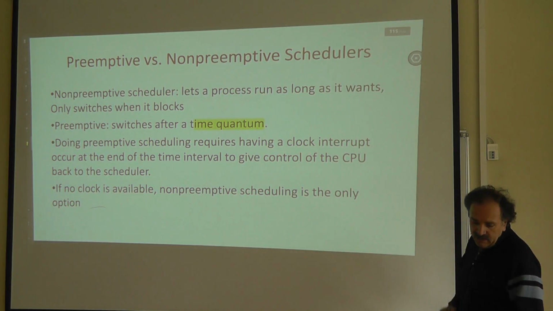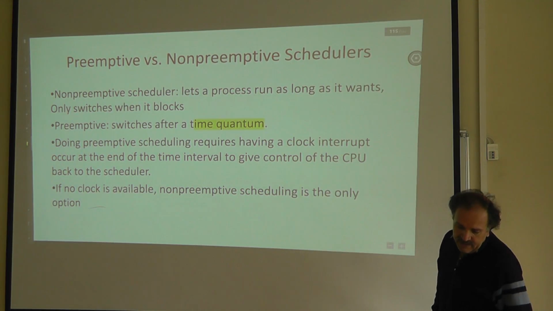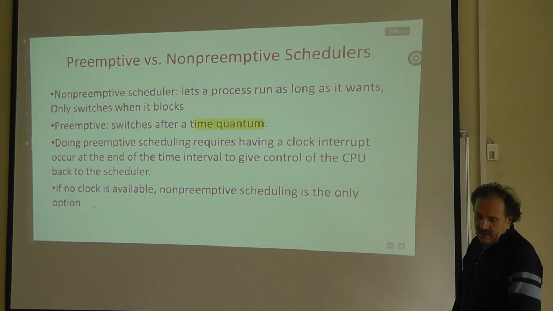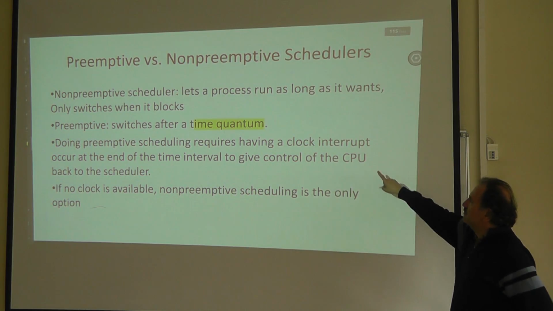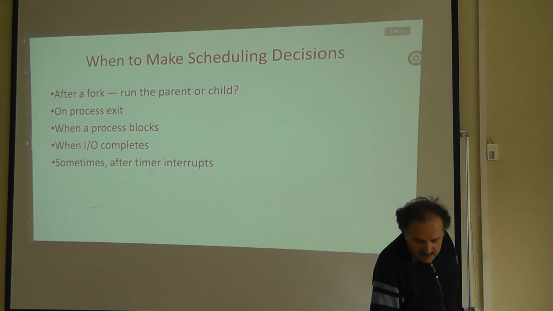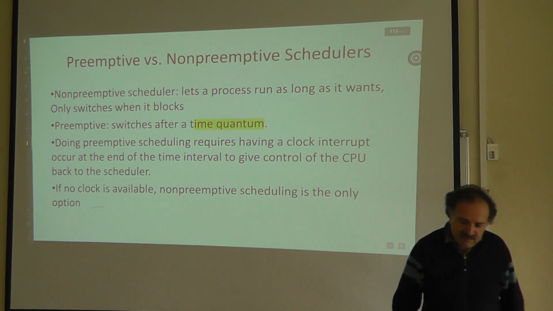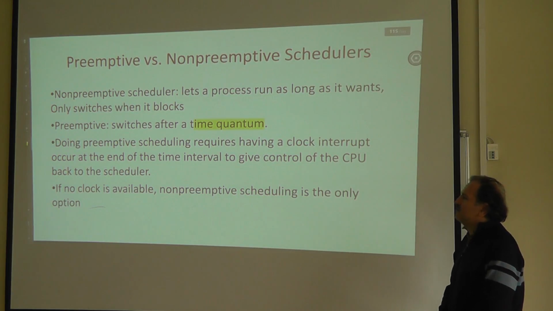Okay. So, but to do this time quantum, you need a clock interrupt. So you need, as I said before, this time interrupt. You need a special device, a clock, okay? The clock has to produce an interrupt at the end of the time interval to give the control of the CPU back to the scheduler.